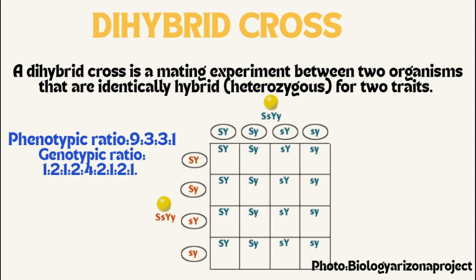So we're going to end up with 16 boxes in order to do a dihybrid cross. And the phenotypic ratio is going to be 9 to 3 to 3 to 1. Genotypic ratio, you're going to end up with 1 to 2 to 1 to 2 to 4 to 2 to 1 to 2 to 1, right? So this is what is expected at the end of the day for the dihybrid.